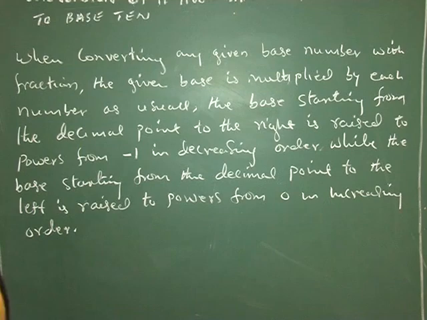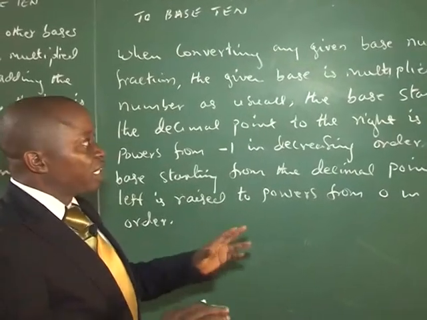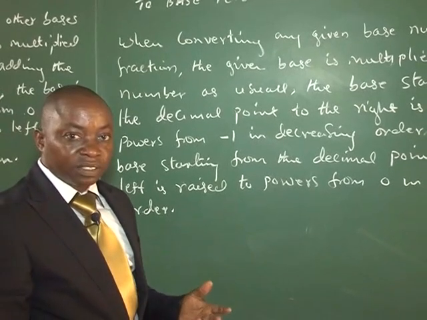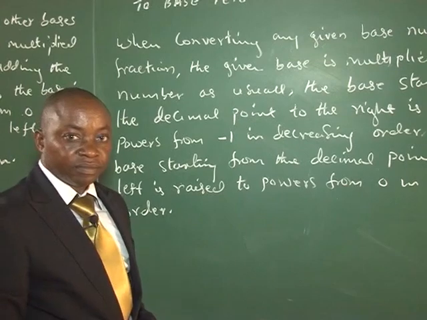So let's take an example so that we'll now see how we can convert numbers with decimal parts to base 10.